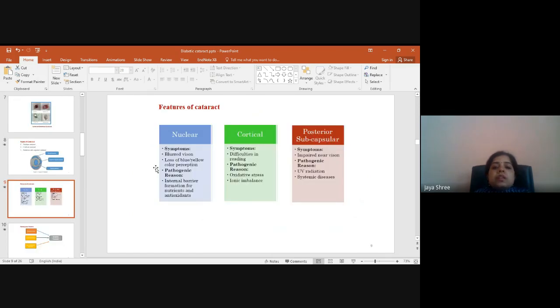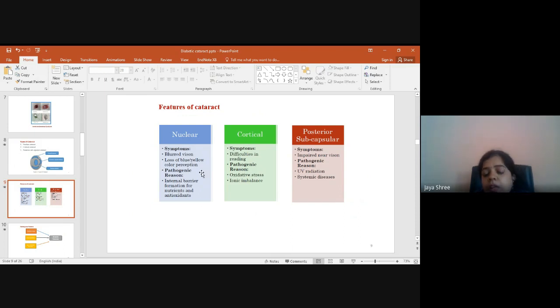Here I am showing the features of each. In nuclear cataract, the symptoms are blurred vision, loss of vision, and loss of blue-yellow color perception. In cortical cataract, there is difficulty in reading. In posterior subcapsular cataract, there is impaired near vision.